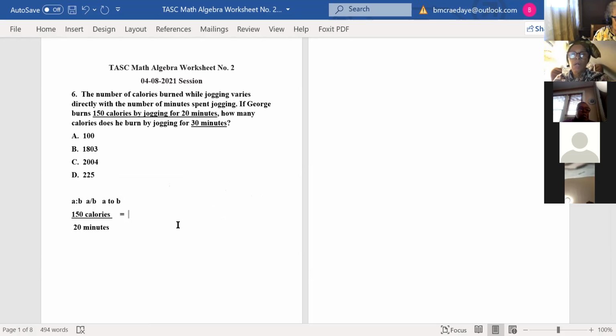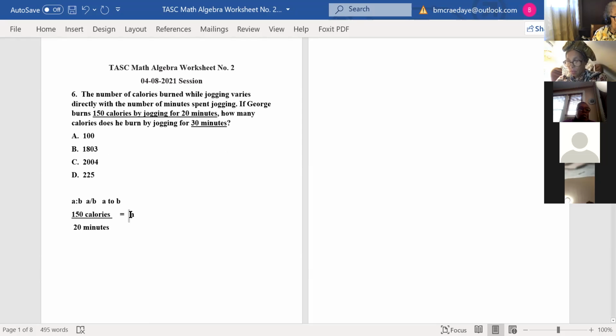I want to know the number of calories in your second ratio, and the second ratio is for 30 minutes. That's your unknown: how many calories does he burn by jogging for 30 minutes? So we can call that N or X or A or B. We're letting N be the number of calories he burned by jogging for 30 minutes.